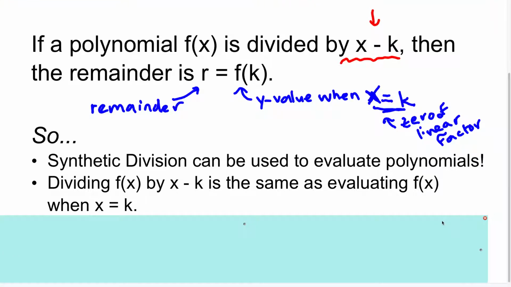And we're going to do some examples with polynomials and numbers, so I'll talk more about what this means in the end about evaluating the polynomial.